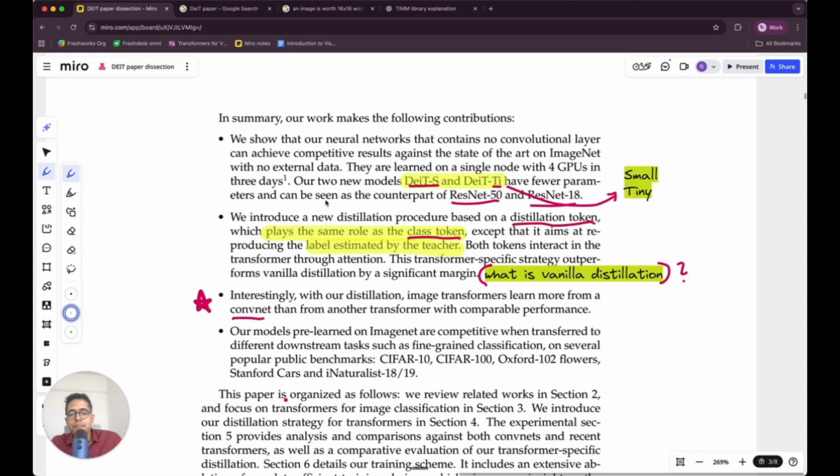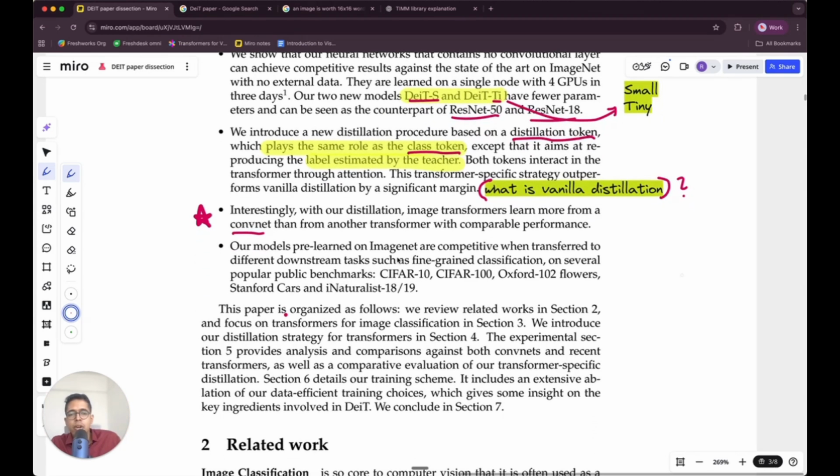Interesting, right? Our models pre-trained on ImageNet are competitive when transferred to different downstream tasks such as fine-grained classification on several popular benchmarks like CIFAR 10, CIFAR 100, Oxford Flowers, all these datasets. So they have a table which shows the results from these other tasks, where the ImageNet pre-trained data efficient image transformer is used for further downstream tasks.